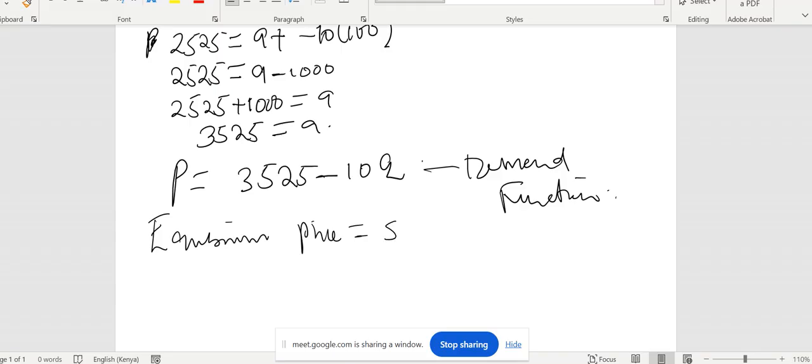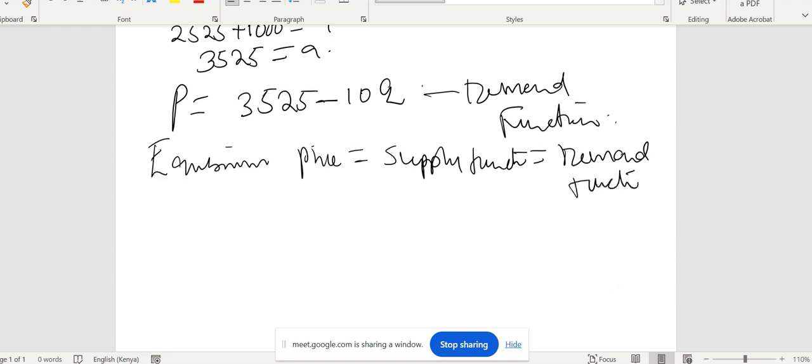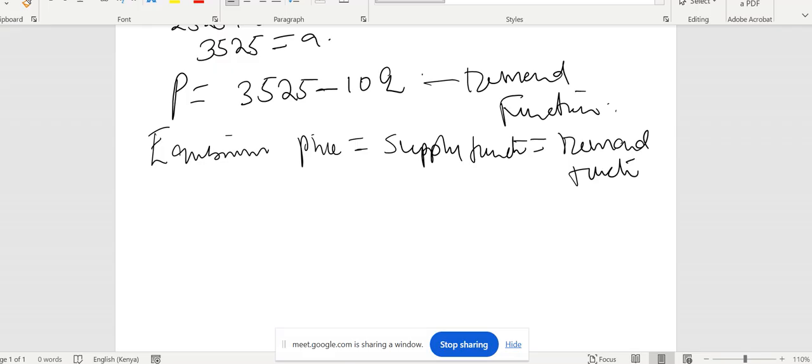So you write equilibrium price is a point at which supply function is equal to demand function. Are you together? Yes. So it's the same as saying equilibrium is equal to DD is equal to SS.